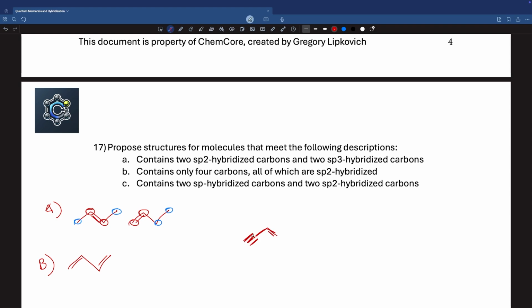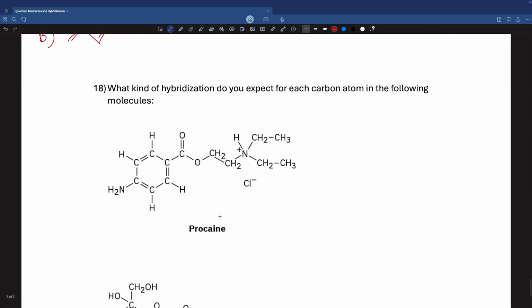And so this ends up with 1, 2, 3, 4 carbons. And so this is the only way to really draw 2 sp hybridized carbons and 2 sp2 hybridized carbons, and this is C.